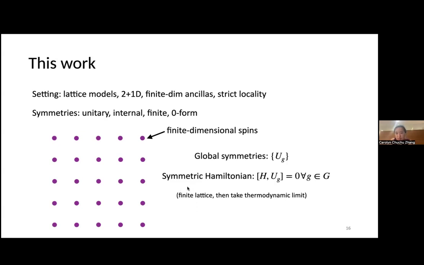Symmetric Hamiltonians under the symmetry are just Hamiltonians that commute with the symmetry. I know a lot of the more mathematically formal people will work with C-star algebras and all of that formalism, but in this talk, for simplicity, we're just going to take a finite dimensional lattice and we can take the thermodynamic limit, and that seems to be sufficient for the arguments that we need to make.